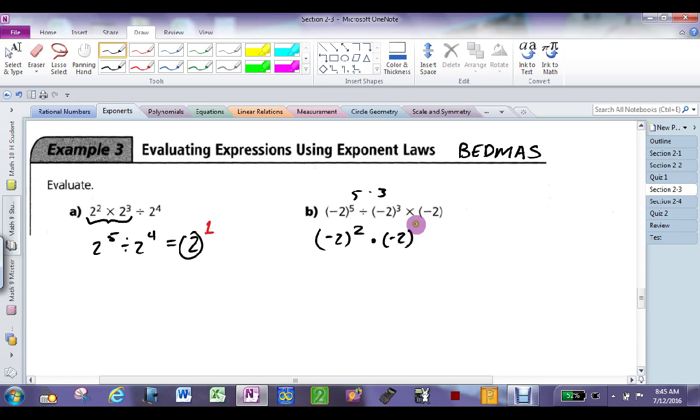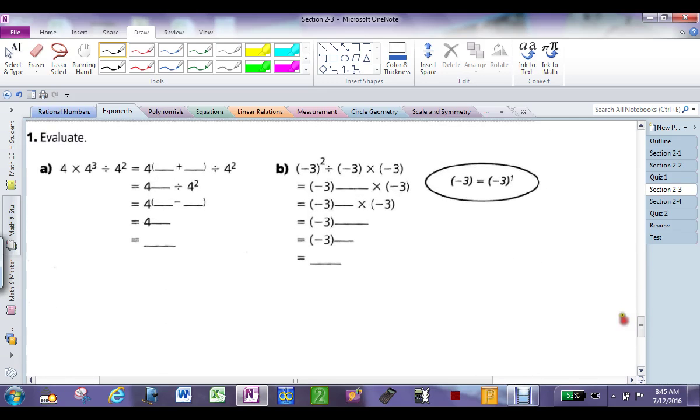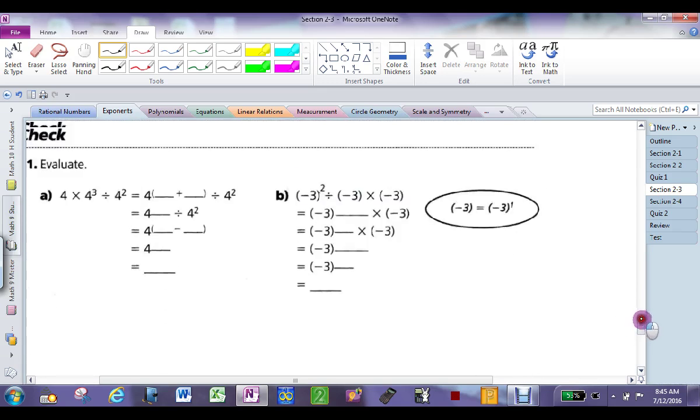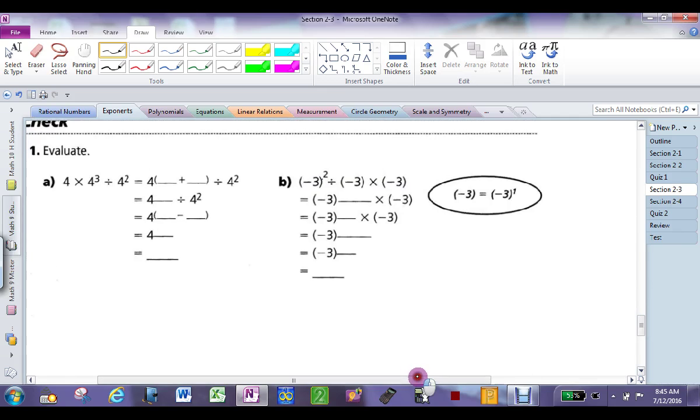No. So am I allowed to write it in my work? Would I suggest writing it in your work? Yes. Every time. So you don't forget about it. Then in my final answer, negative 2 to the 3. Everybody good? Everyone is good? Okay. Now, the next, you guys fill this in, and then we'll talk about the next thing that worries me.